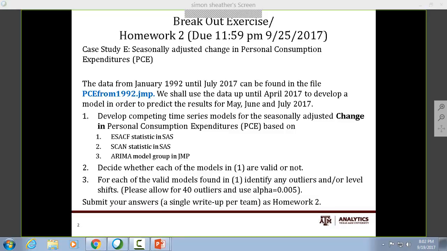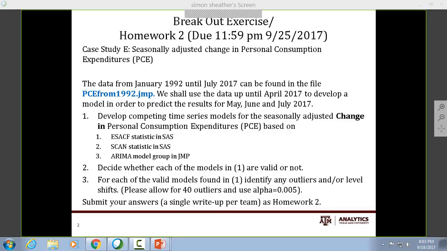I'm going to ask you to find the model based on ESACF, a model based on SCAN, and a model based on ARIMA. Decide whether each of the models is valid, and then just fit the valid models. So imagine, I'm making this up, the ARIMA model group is valid, SCAN is valid, and ESACF is not valid.